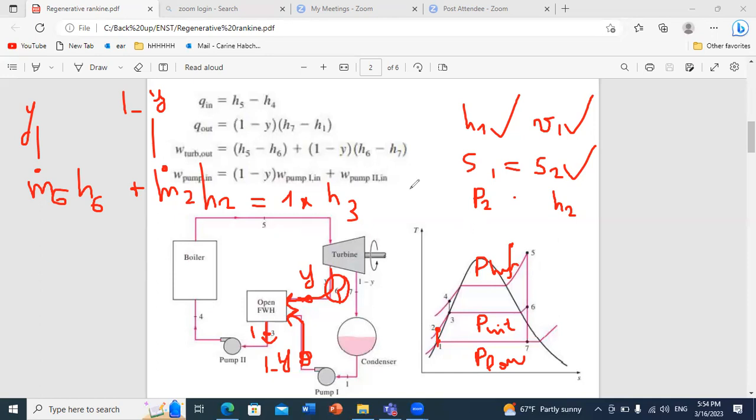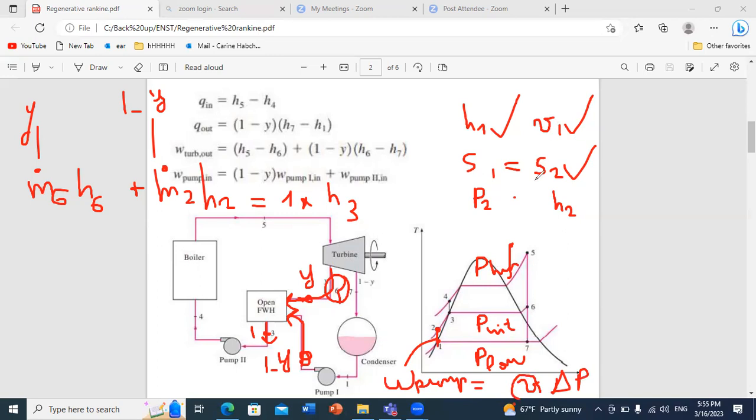When you want to compute the work done by the pump from 1 to 2, because it's in the compressed liquid region, we know that the work during the pumping process can be computed as V delta P. If you don't have the compressed tables to give you state 2, you can just use W pump equals V delta P, where the specific volume is considered.